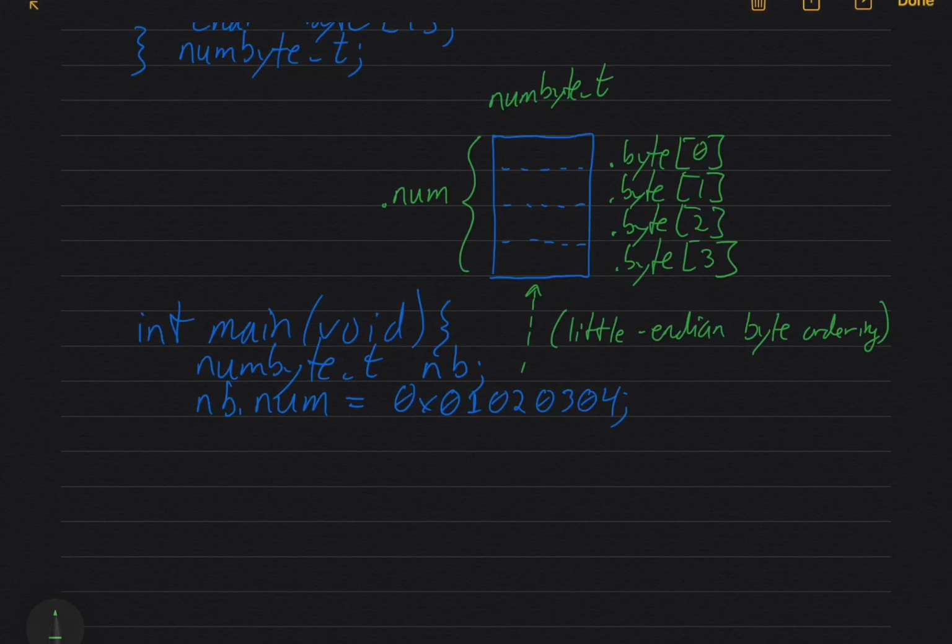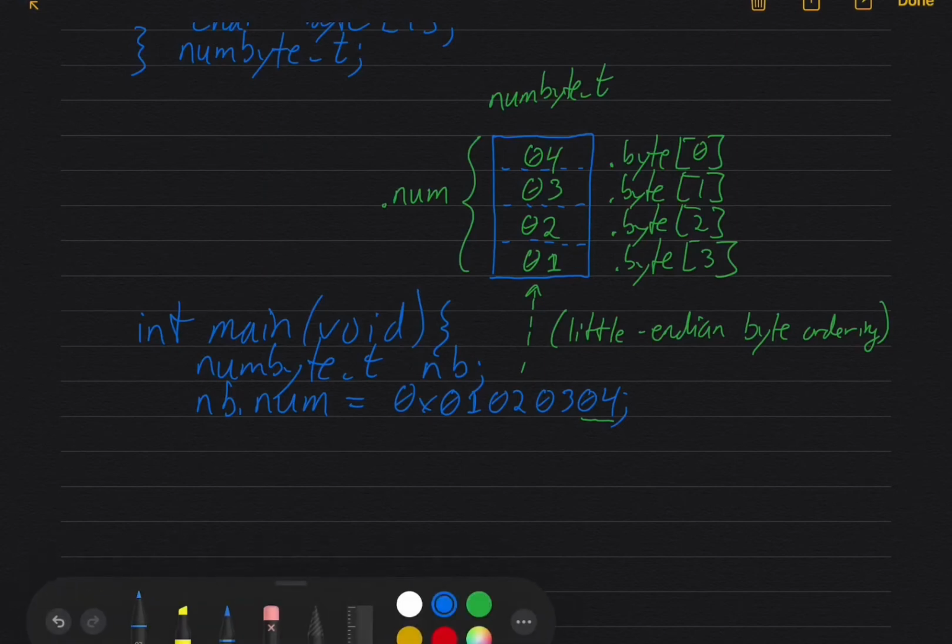So least significant byte is 04, and so it goes up here at byte 0, and then the next least significant goes next, and so on until we get to the most significant. If it had been big endian ordering, then we would have had the 01 at the top and 04 at the bottom. Alright, and now we're going to print out the contents of each of those locations.